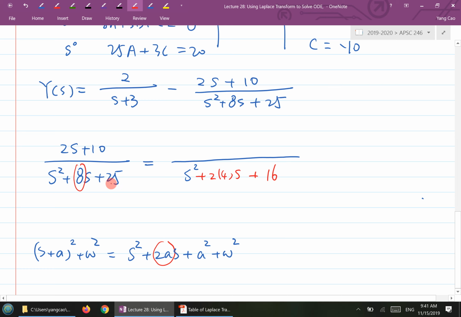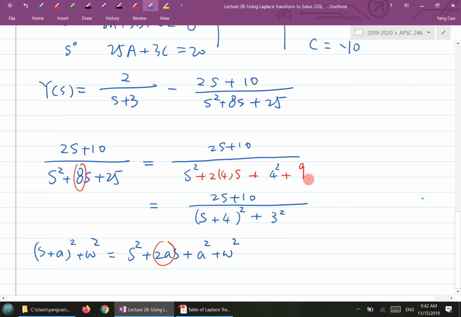But this is 25, so what do I need to add here? 9. Is that clear? So let's leave the top as it is first. The bottom becomes (s+4)² + 9, and 9 is 3 squared. So the bottom is now rewritten into exactly this format.